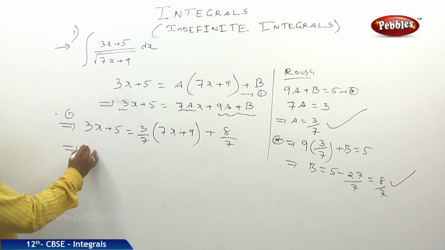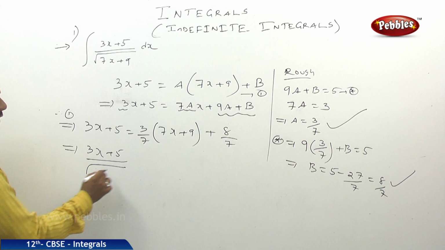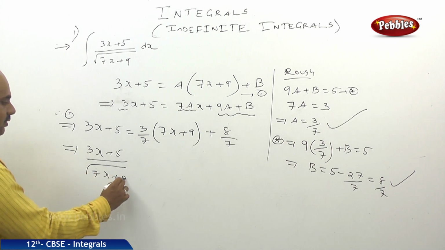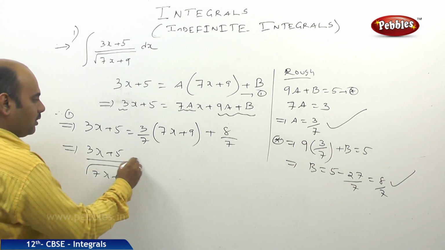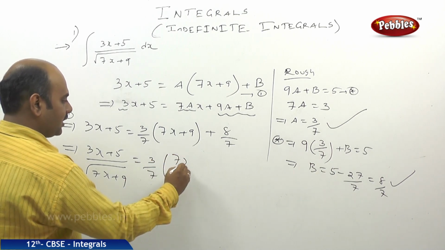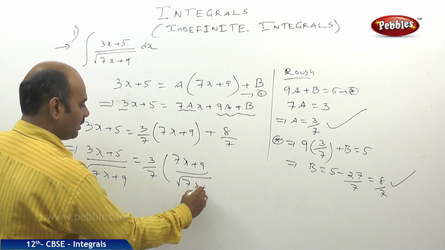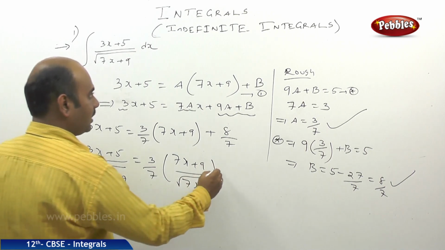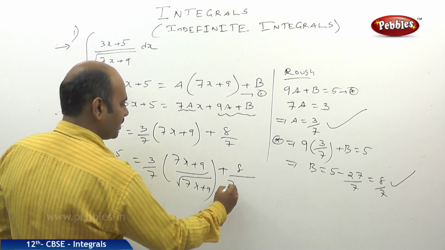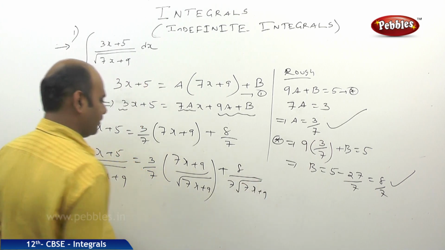So I'll be dividing this equation by under root of 7x plus 9. So finally, 3 by 7 into 7x plus 9 divided by under root of 7x plus 9 plus 8 by 7 into under root of 7x plus 9.